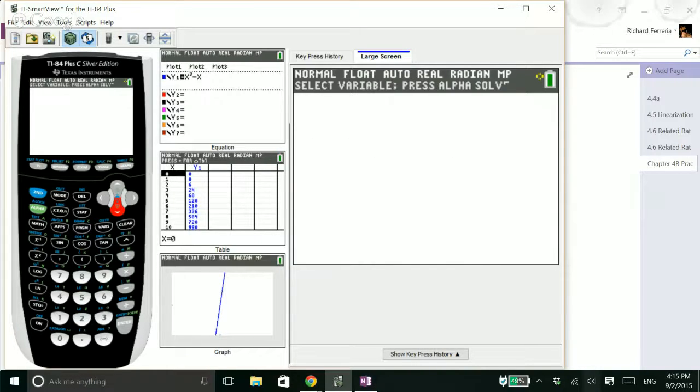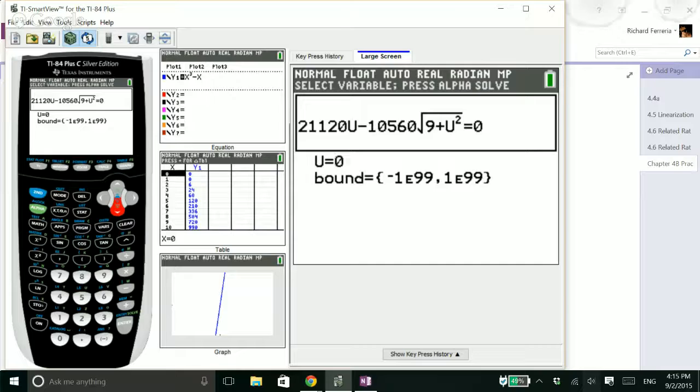And here we go. Here's some advanced calculator method for the solver. Now, look where this says bound. That basically tells the calculator where it should look for the answer. You could say the answer must be between negative 1e99 and positive 1e99. Let me back up for a minute. The calculator does not have an infinity sign.